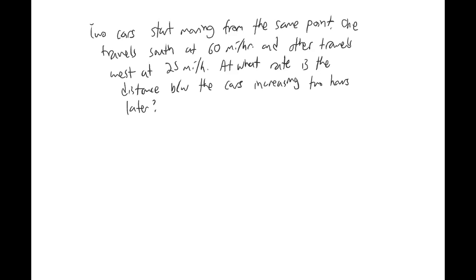Okay, so let's say this is the point they start. So car 1, where does it go? It goes south at 60 miles per hour. And then the other one heads west at 25 miles per hour.